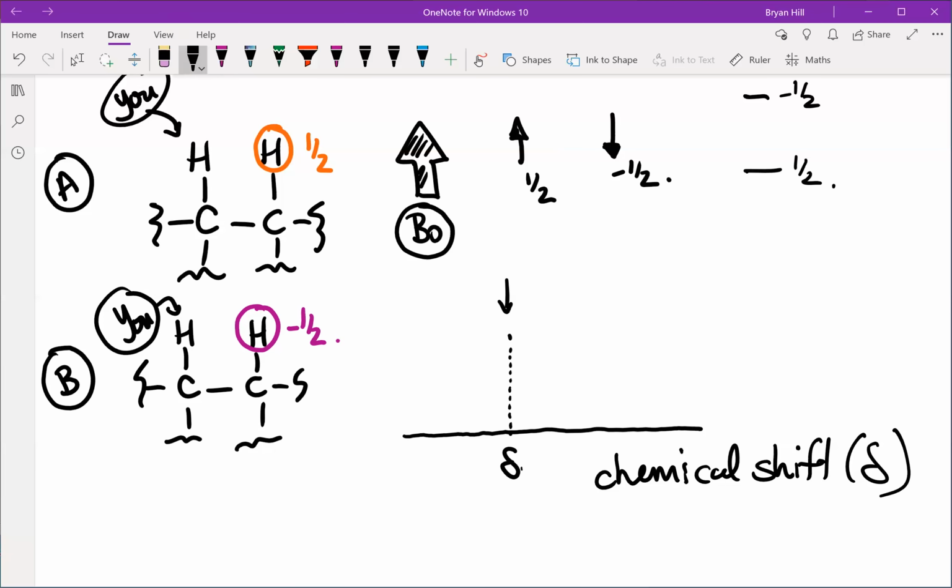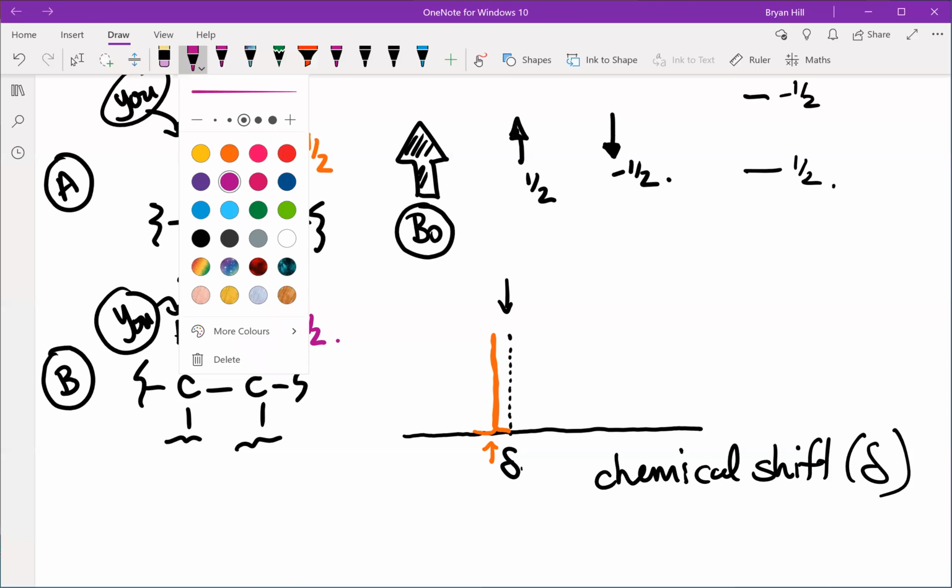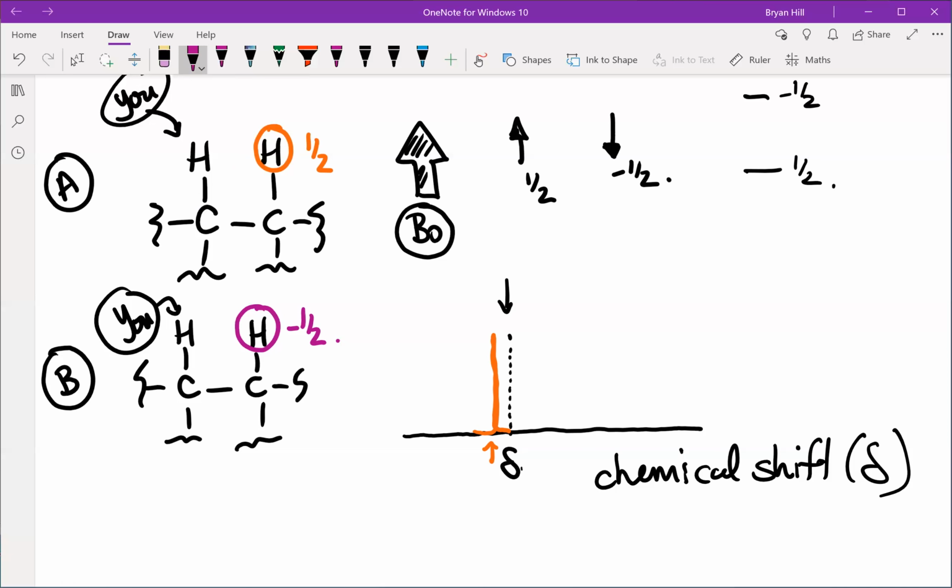When the neighbor is aligned with the field, you resonate at a lower energy, because you're being de-shielded. Whereas when you've got a neighbor who is opposed to the field, you resonate at a frequency that is higher in energy, because they are shielding you from the applied field B0.